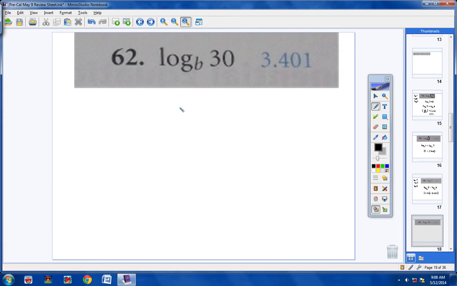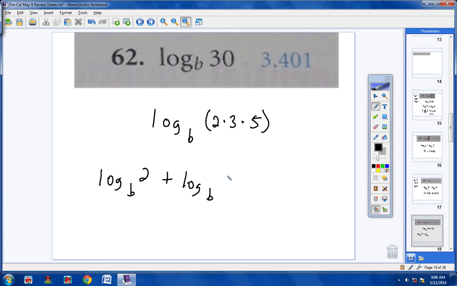Good. Okay, Caleb, what he said is log base B of 2 times 3 times 5, which is 30. That's totally fine. So your argument's multiplying, so now I'm going to put log base B of 2 plus log base B of 3 plus log base B of 5.